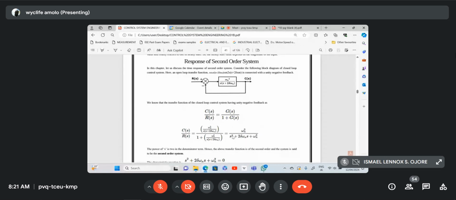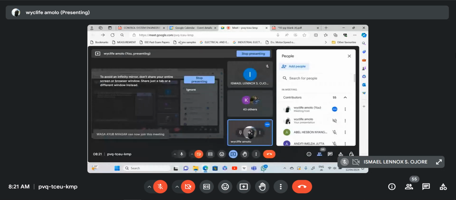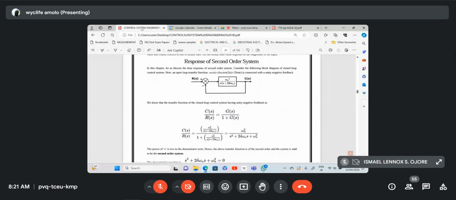This expression is a second order, whereby you have the Wn, which is the natural frequency of the system. Wn is the natural frequency of the system, and the damping factor is what is given here. Just look like a D.